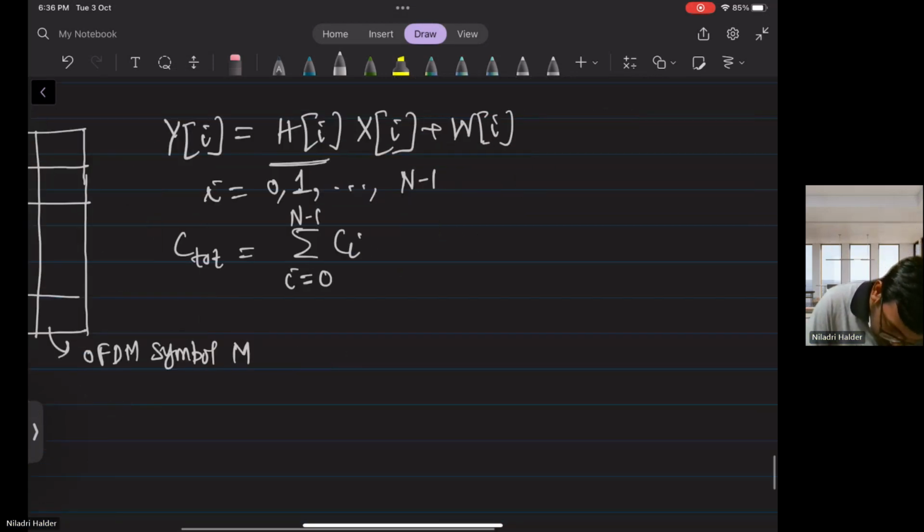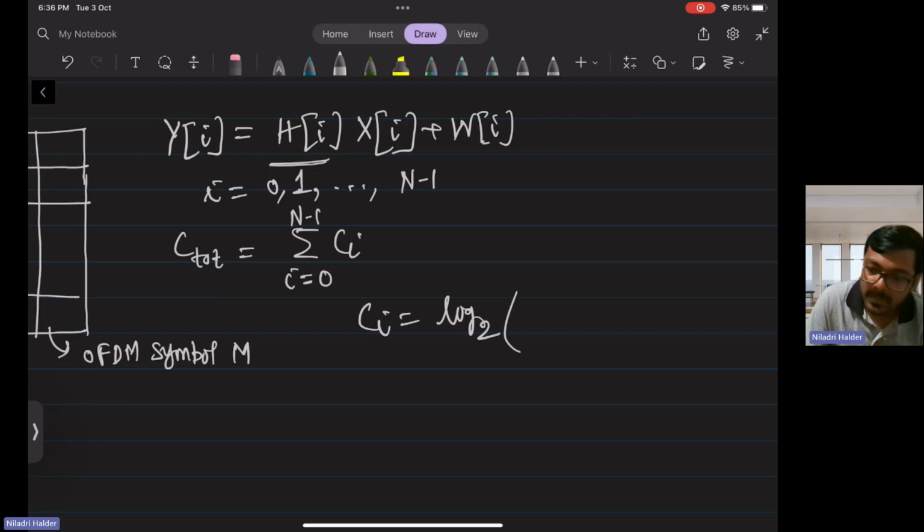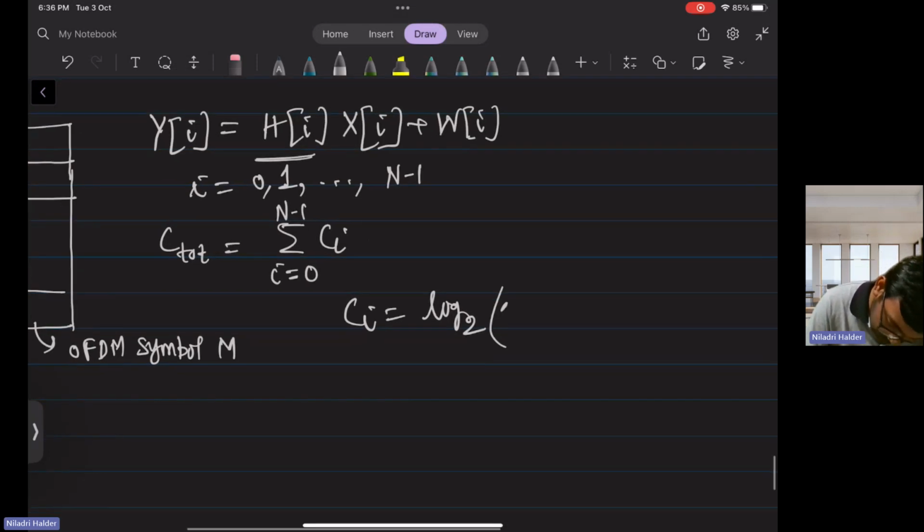So what is Ci? Ci is the capacity of the ith subcarrier, that is log2 of 1 plus SNR of each subcarrier. SNR is the signal power by noise power.